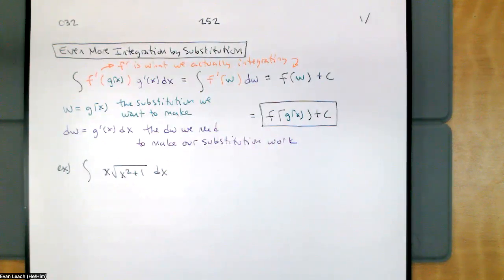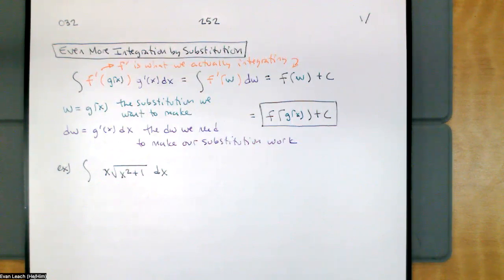Then we also want to continue. The third thing that we want to read is the function we're actually integrating, and that's the square root. So we're going to be integrating a square root of w, or a w to the 1/2 power. So we have 2/3 w to the 3/2.